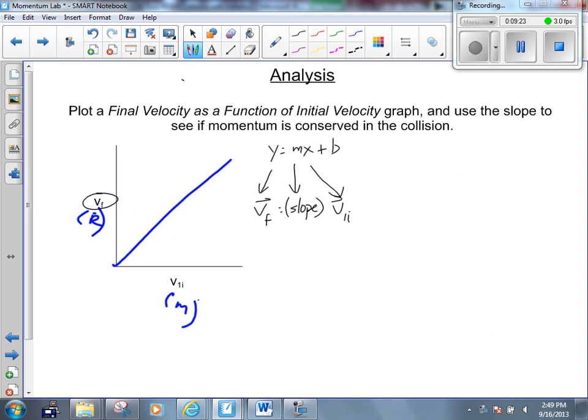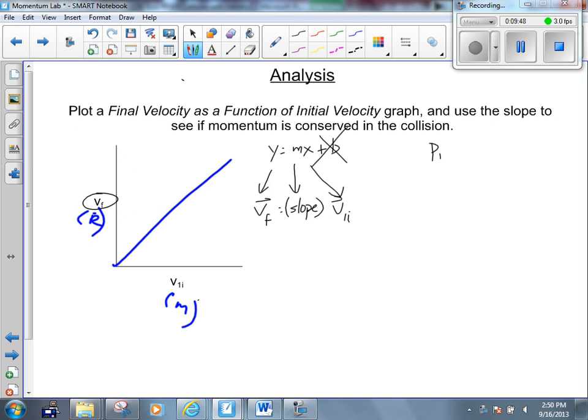Now, b is the y-intercept, where it goes through the y-axis, and that should be at the origin, so we can cross that off. There is no y-intercept. It's effectively 0. So there's an equation that describes this graph: a general form, y equals mx plus b, and then a specific form particular to this graph and this experimental setup.